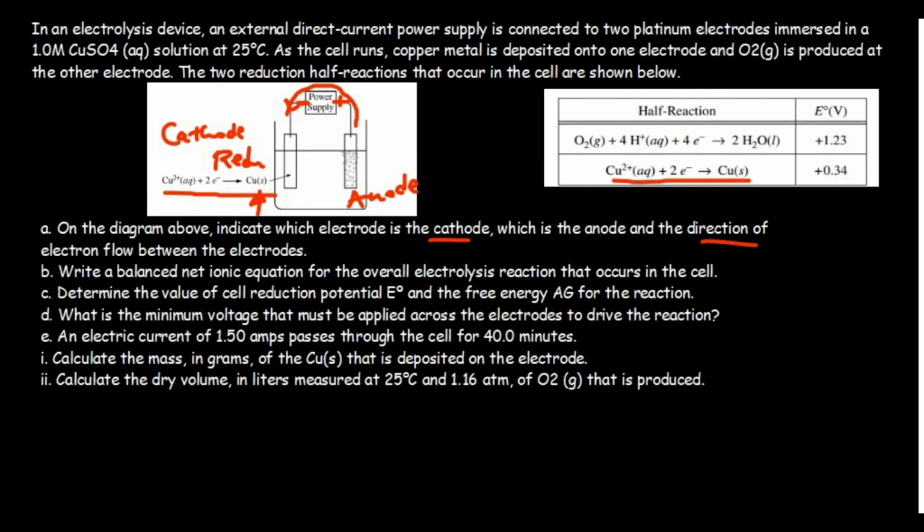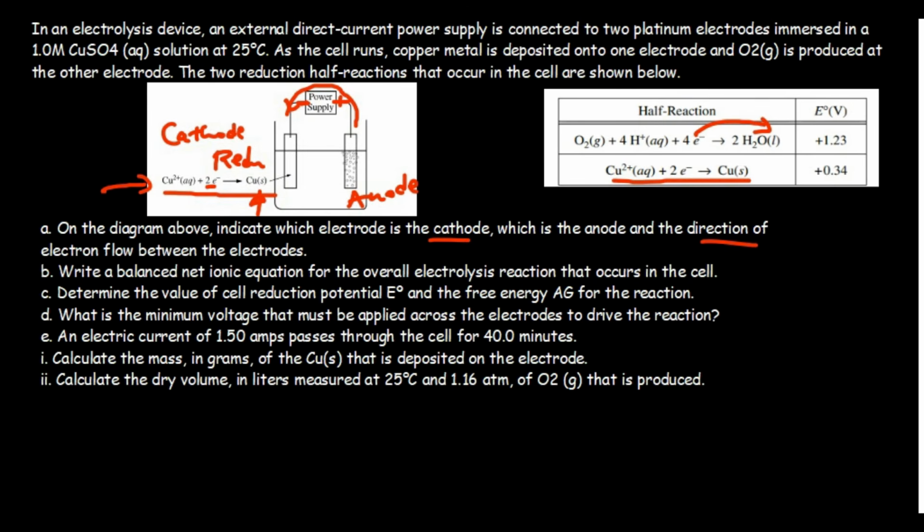We need one reaction gaining electrons, the other losing electrons. On the diagram, we can see that electrons were being gained. So where were they coming from? They were coming from the other electrode, the anode. So we have to reverse it because that's where oxidation occurs, and oxidation is loss. Loss is indicated by the presence of electrons on the product side.